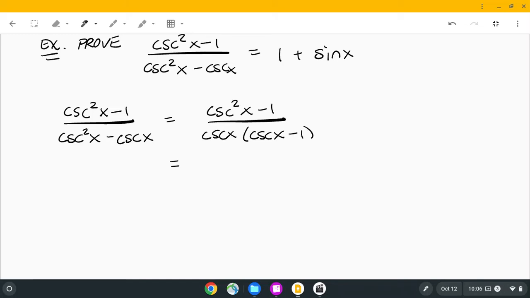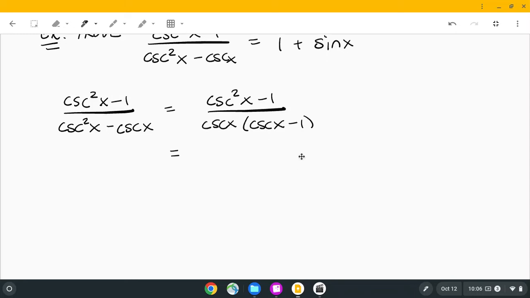Okay, so that's what I have. Nothing cancels yet. You can't cancel these. These are not the same. But I could factor this because these are perfect squares. So the numerator will factor out to cosecant x plus 1, cosecant x minus 1. Difference of squares.